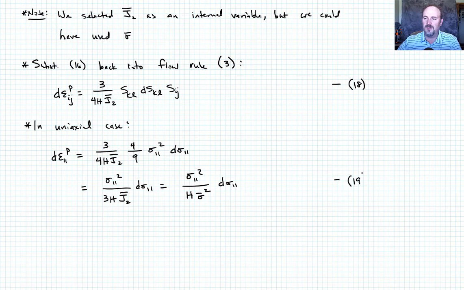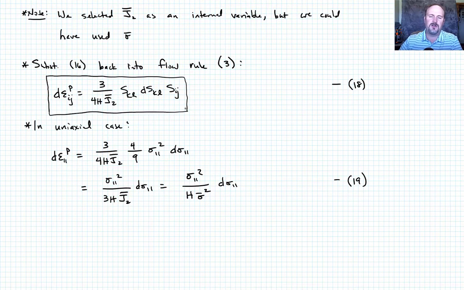We'll call that equation 19. So all of that works out well. The key feature for this discussion is that now we have a way to account for plastic strain, as we can increment in any direction that we want, and any sort of fully populated tensor loading scenario.